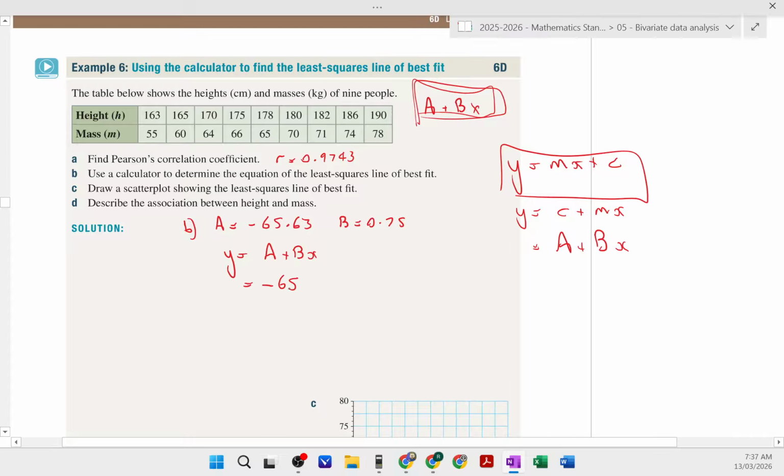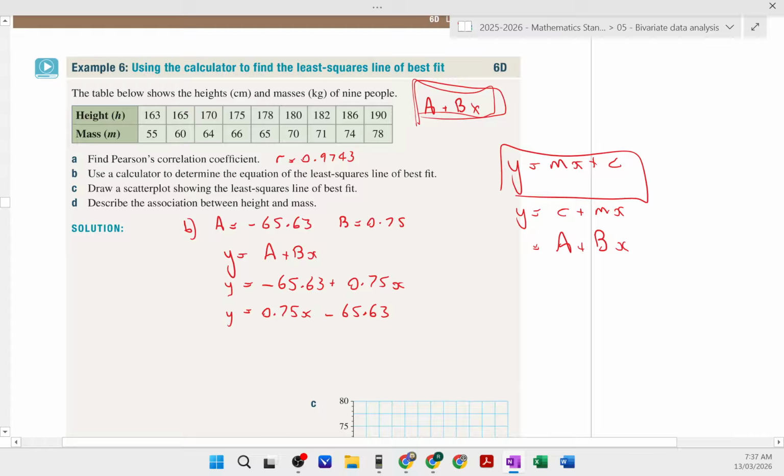minus 65.63 plus 0.75x. Now, obviously, I don't like having a negative out the front, so I'm going to rearrange that and make it 0.75x minus 65.63. And there you go. We now have our equation of the least squares line of best fit. So that's question B done.